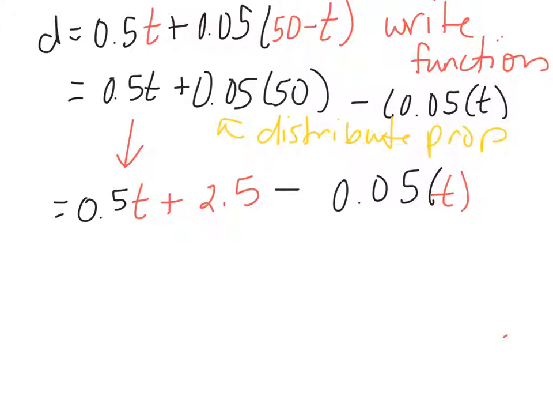Here's the, so we wrote the function, that's what this is right here. Now I can use the distributive property to rearrange my expression, and we can just carry this down, 0.5t, but here we can multiply out the 0.05 times 50, so that's what we get here, minus, and this one stays the same because we haven't done anything to it.